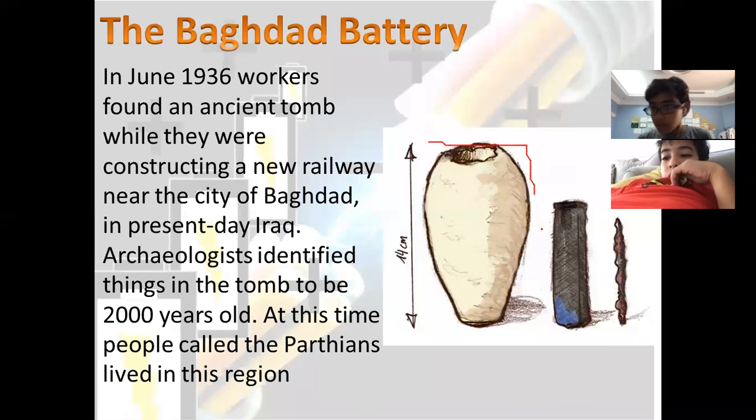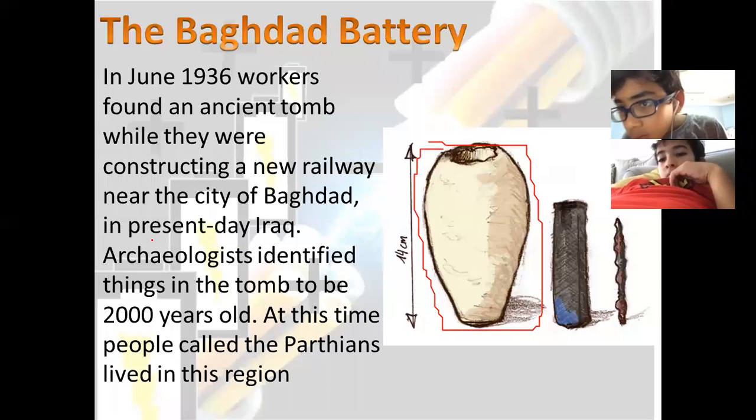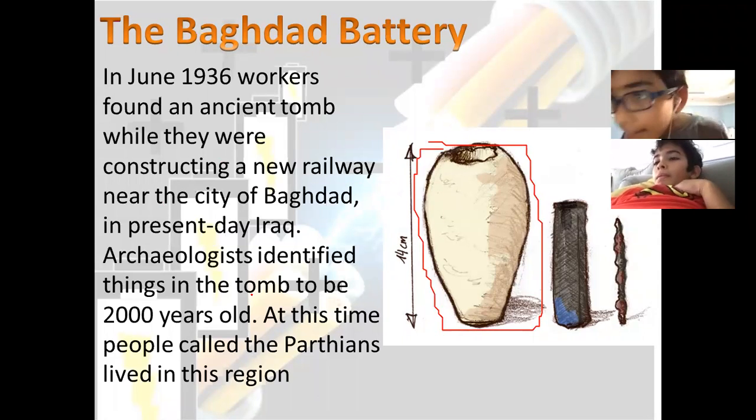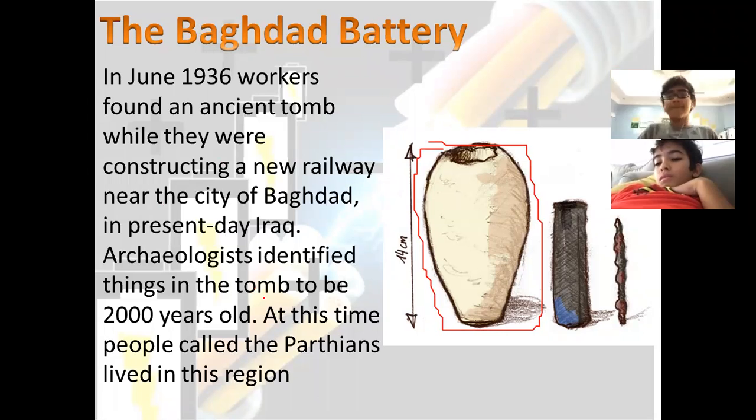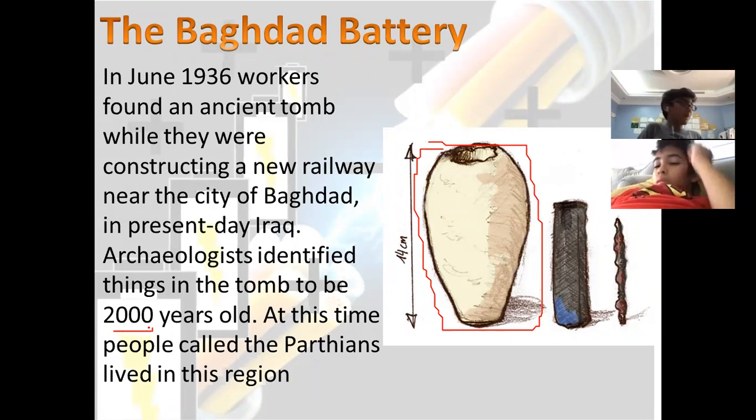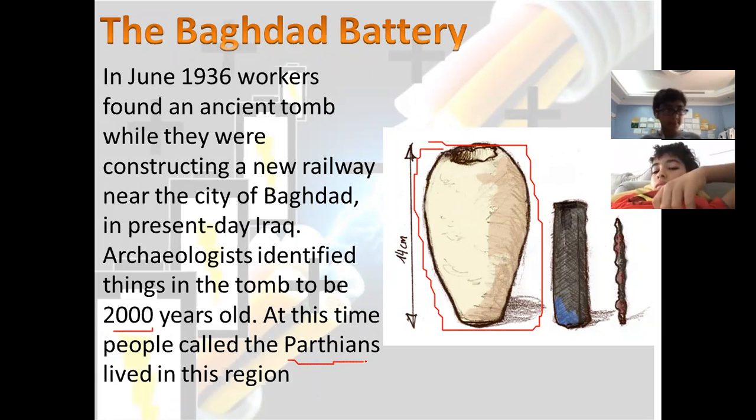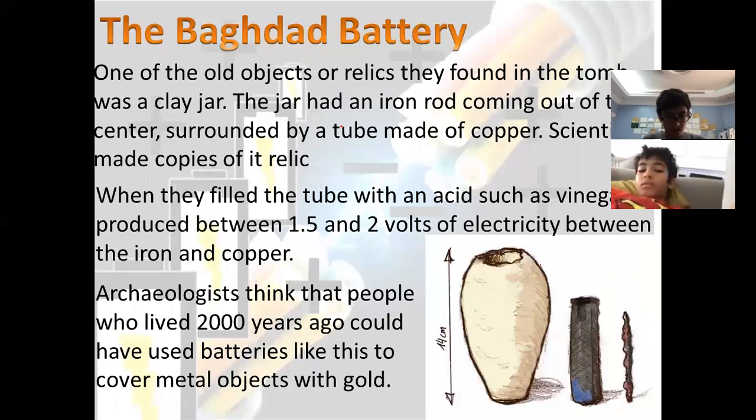So this thing is about 14 centimeters tall. They sent it to the archaeologists to find out how old it is, and they found out that it was 2,000 years old. And 2,000 years ago, the people living in that region of Baghdad were known as Parthians. Now, what is this device going to do? Let's go to the next slide and read more about it.